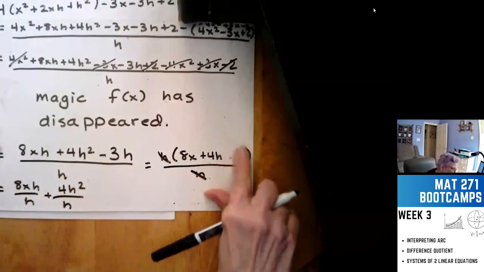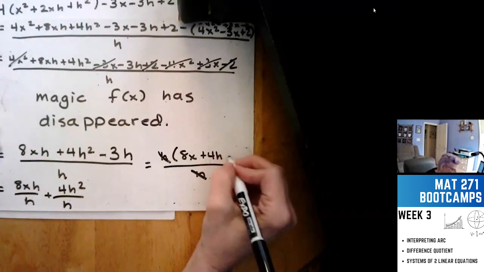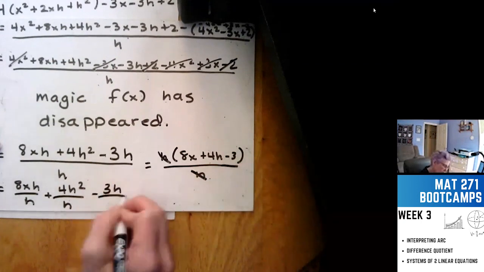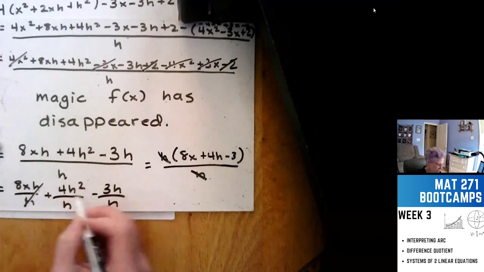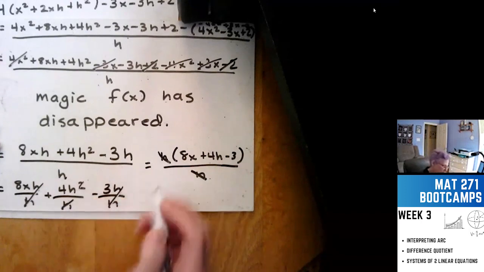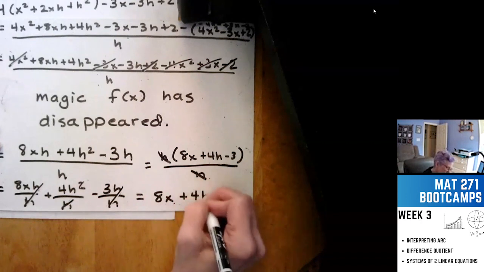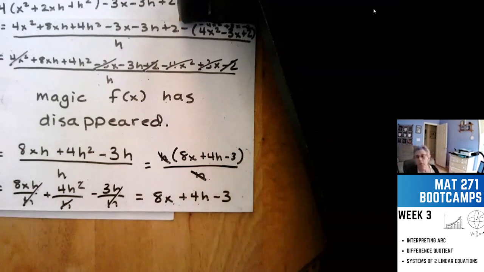I forgot to factor them out there. 4h minus 3. There we go. Minus 3h gets to be divided by h. So just so long as everybody gets divided by h. That's another common mistake that students make. Questions?